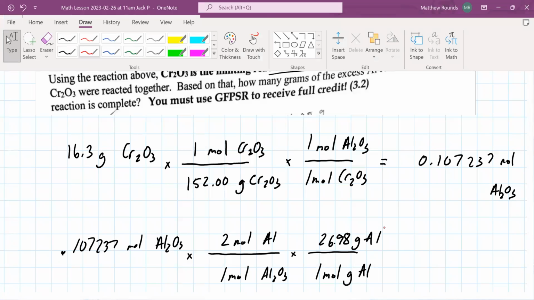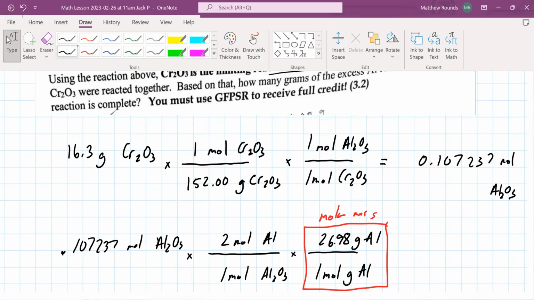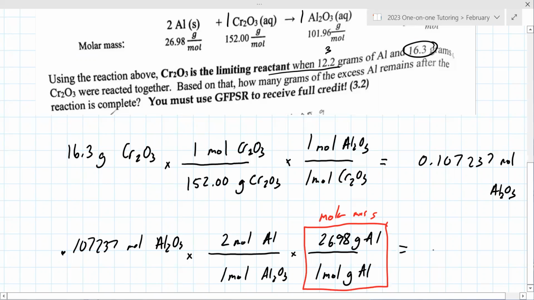So I'll take this number, multiply by 2 and multiply by 26.98, and I get 5.7865. That's the molar mass; the molar mass is always for whatever is there without the coefficient. So 5.79 grams of aluminum, if we go to 3 significant figures.